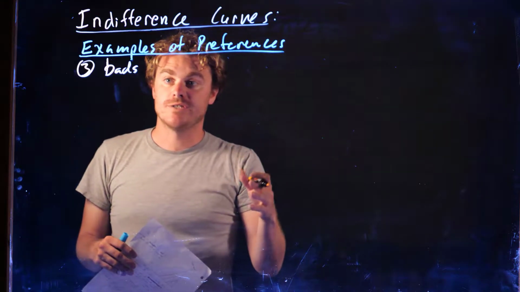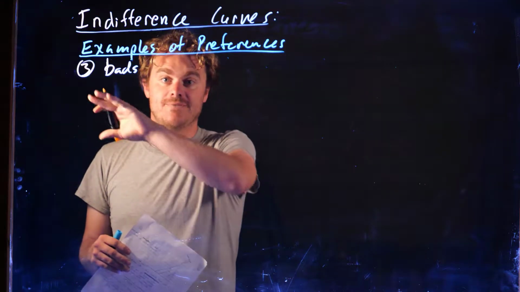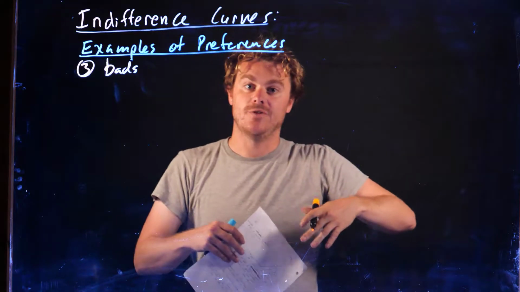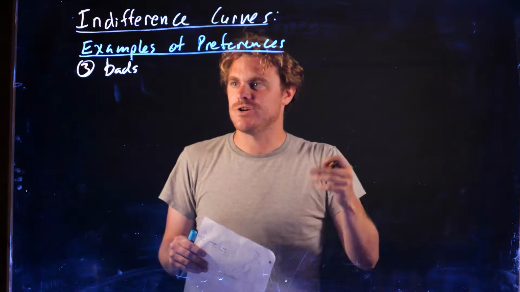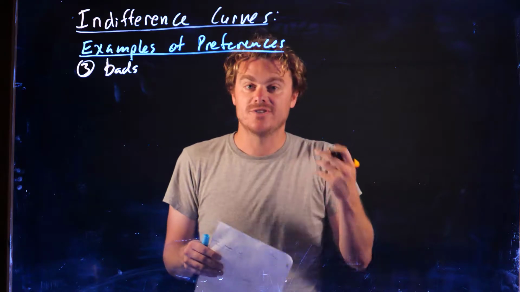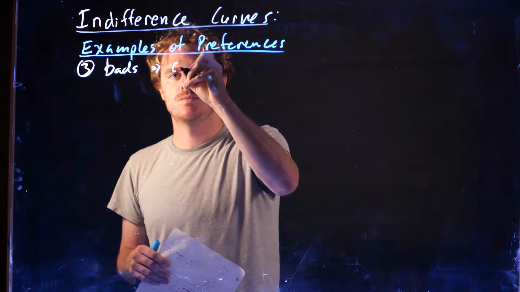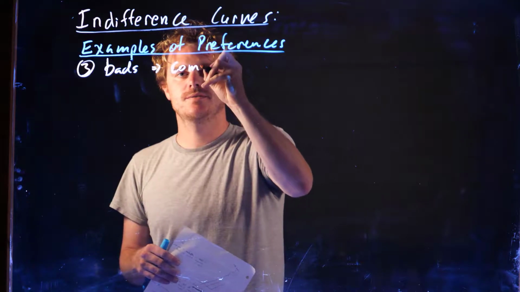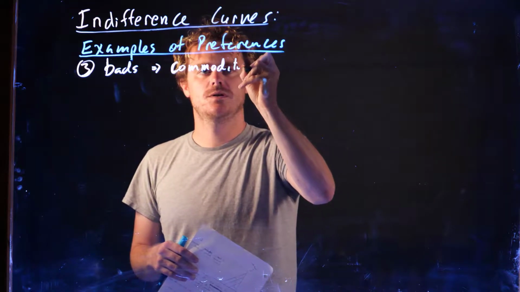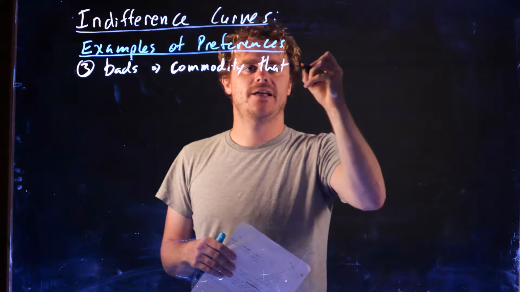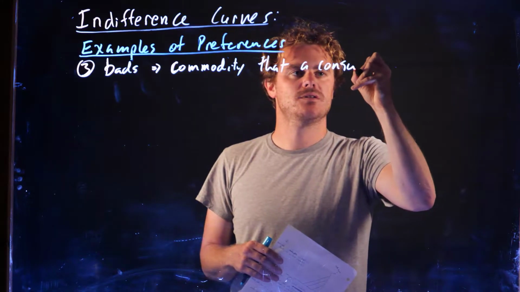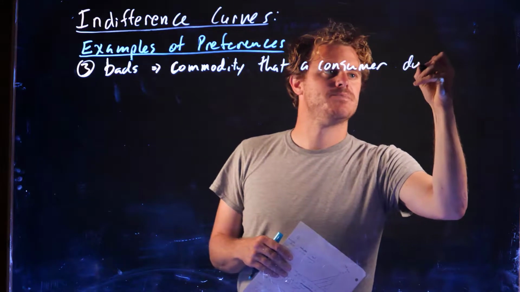The next kind of preferences we're going to look at is for bads, rather than the goods that we've been looking at. So bads are commodities that a consumer doesn't like.